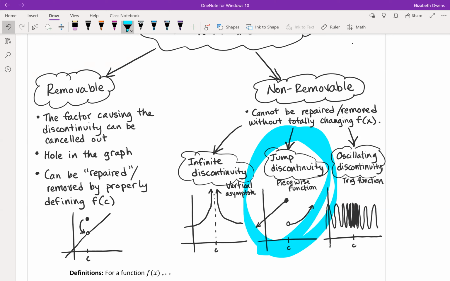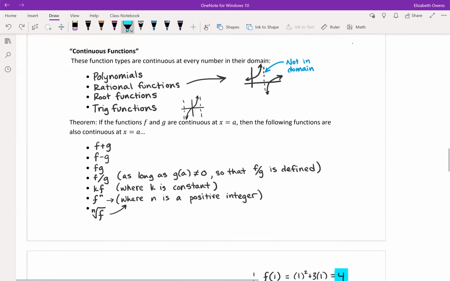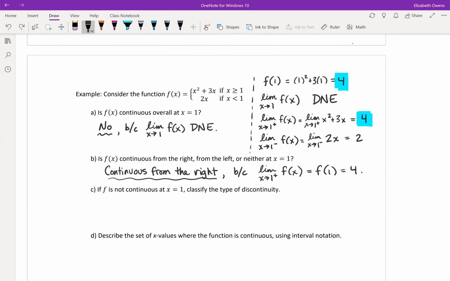So a limit of 2 versus a limit of 4. That's the difference or the gap between those jumping pieces. Okay, so we have a jump discontinuity at x equals 1.